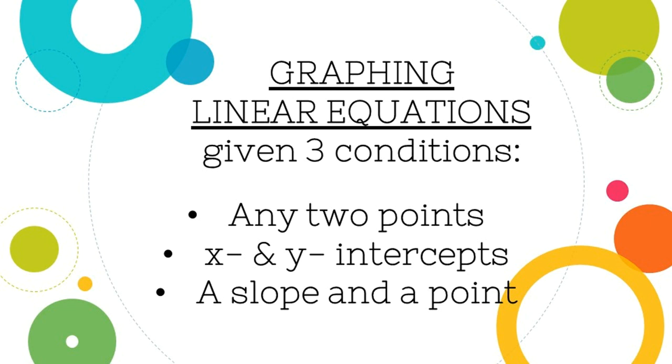So, you can check lang if your graph is correct kung gagamit kayo ng slope formula or kung ang given ay linear equation, you can use letting ng value ng variable as 0 to check sa x and y intercept. So, that will be the end of our discussion for graphing linear equation given the 3 conditions.